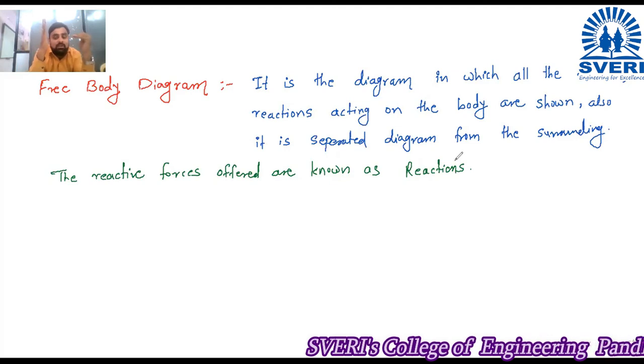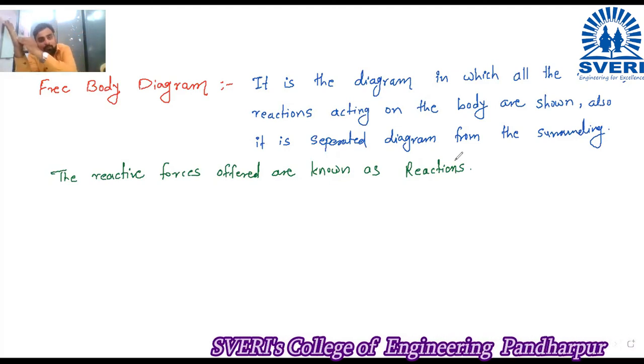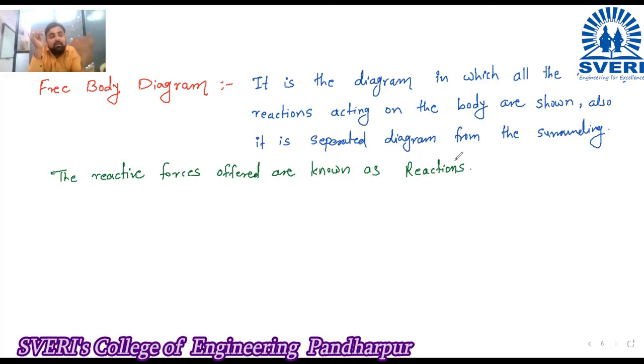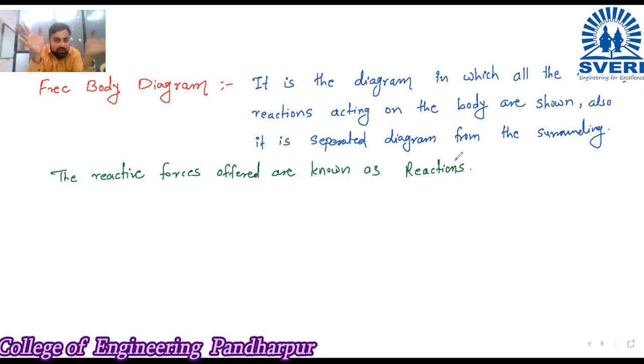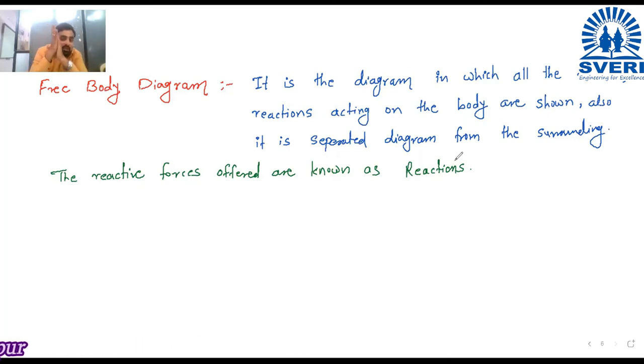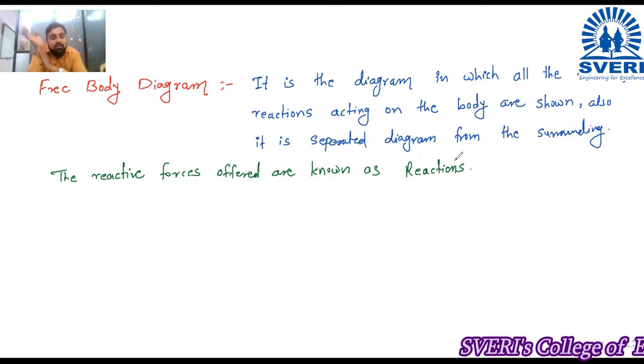Whatever you are getting in return, that is called reactions. Is it clear now what is the meaning of reaction? You have also studied Newton's third law, no? To every action there is equal and opposite reaction.